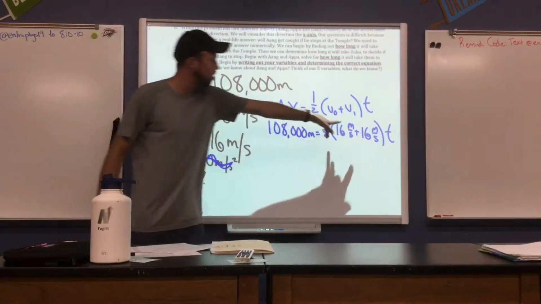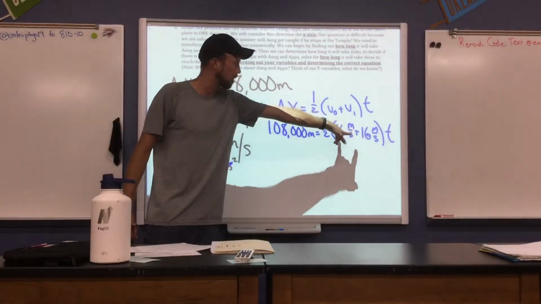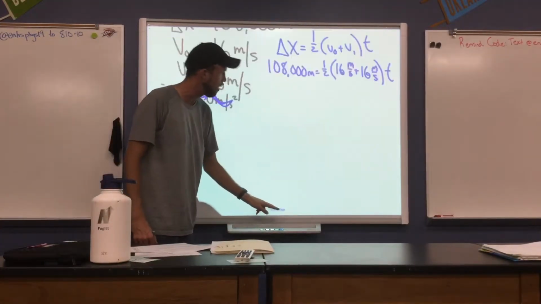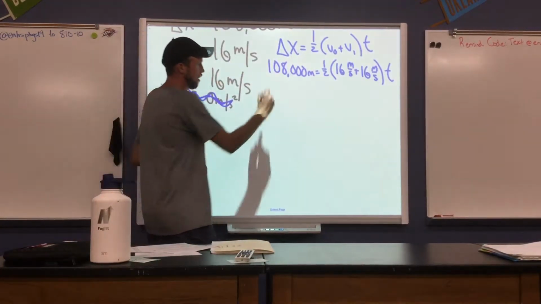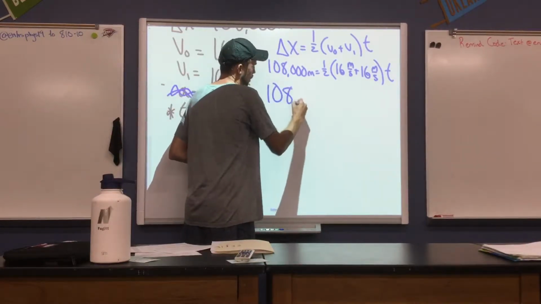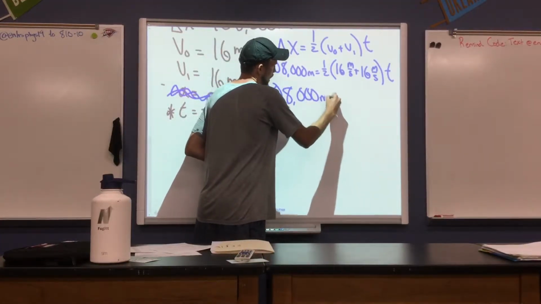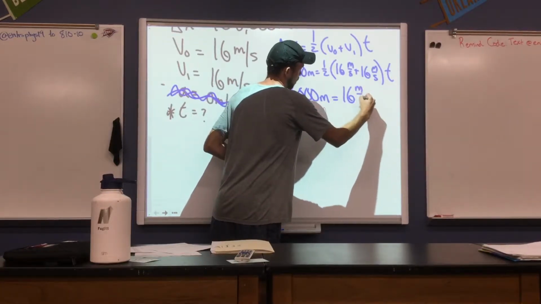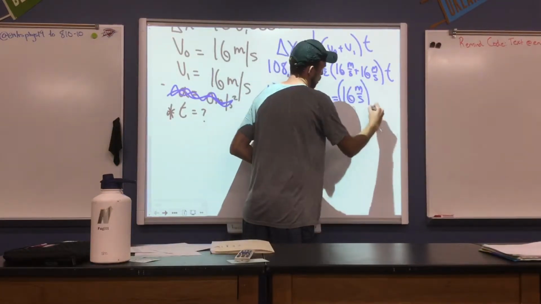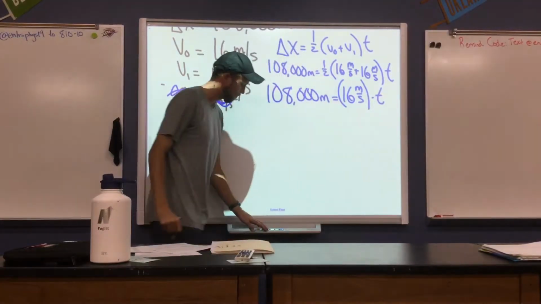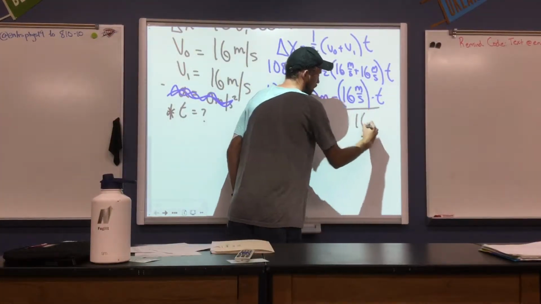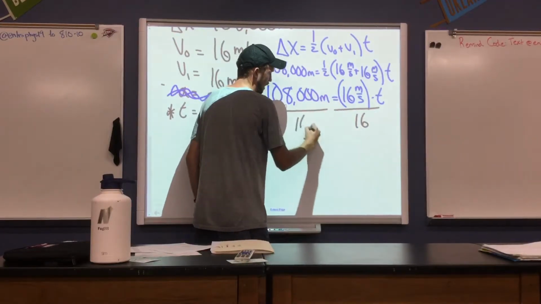Now if I add the two 16 values together inside of our parentheses, that gives us 32 multiplied by 1/2, and that gets us back down to 16. So we can simplify our expression down to 108,000 meters is equal to 16, that's a velocity value, meters per second, multiplied by time. Now we're interested in figuring out the time, so I'm just going to divide both sides of our equation by 16.